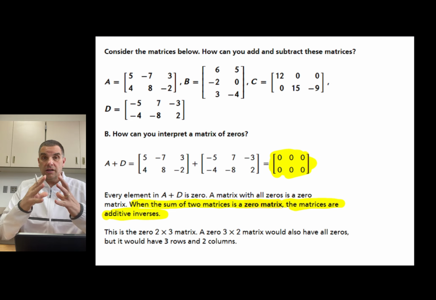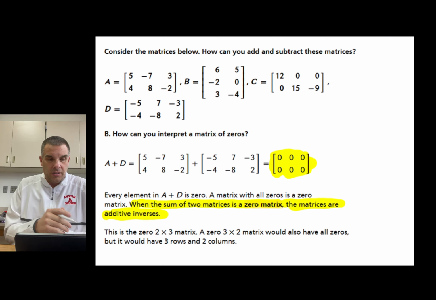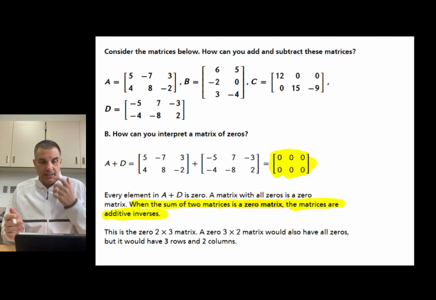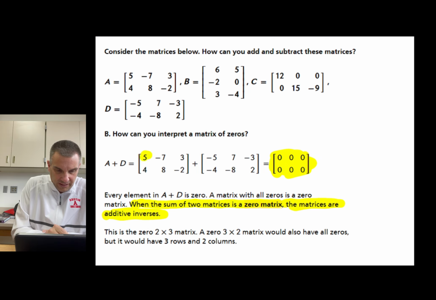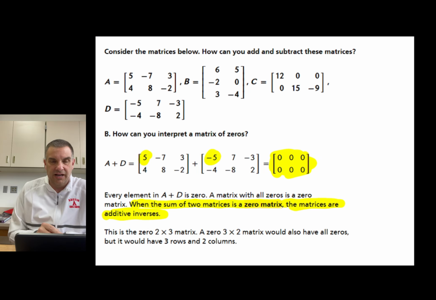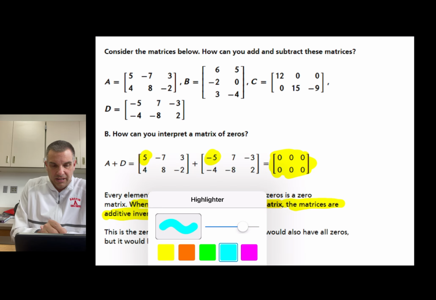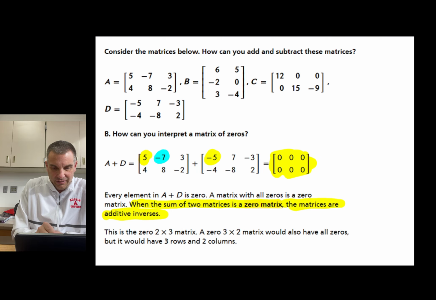If we look at what's happening in this case, A and D added together to create that zero matrix. So A and D are additive inverses of each other. If you look at 5 and negative 5, the A1,1 elements in both of these, and you go along and look at those elements, what do you notice?